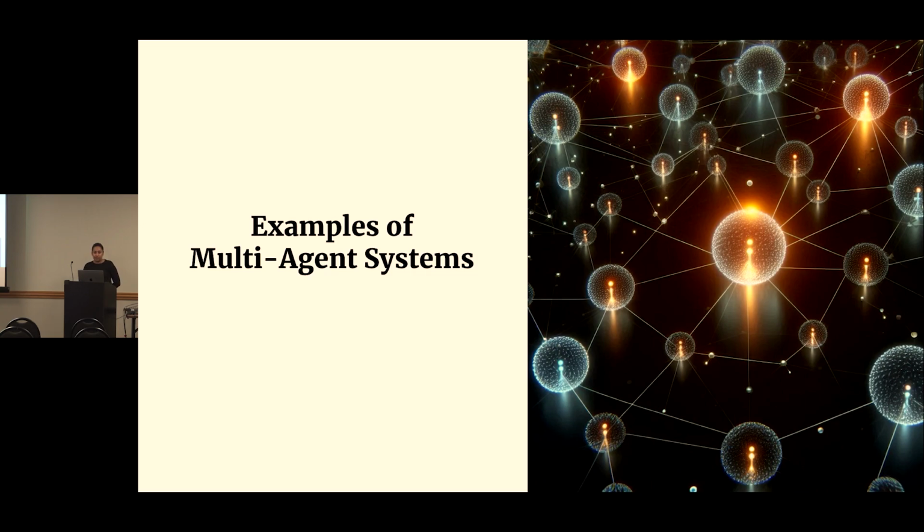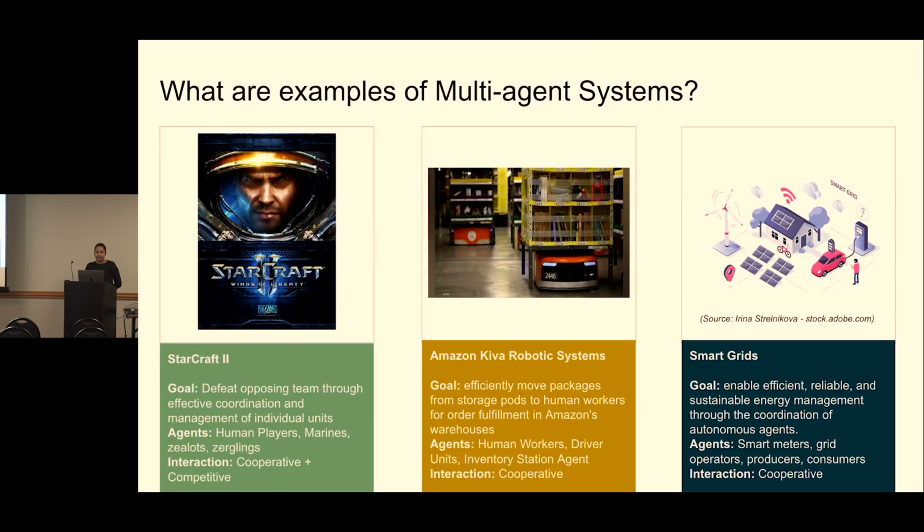Another great example of a multi-agent system is our Amazon delivery system and how they do their warehousing of efficiently moving packages from storage pods all the way to order fulfillment. So they purchased Kiva Robotics, and the system is designed with these autonomous agents, with obviously your human workers having full autonomy.